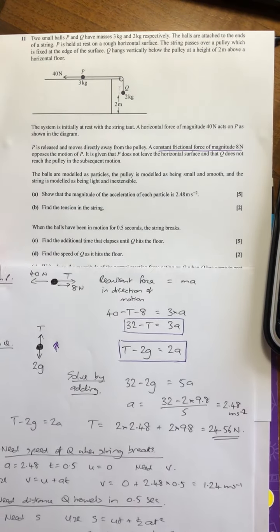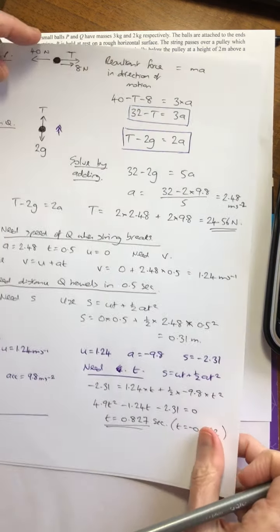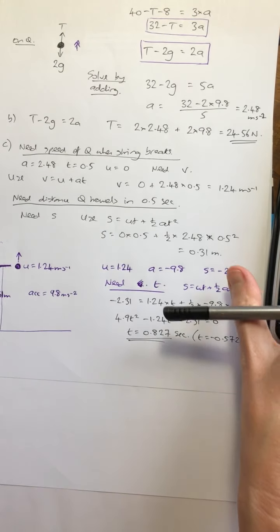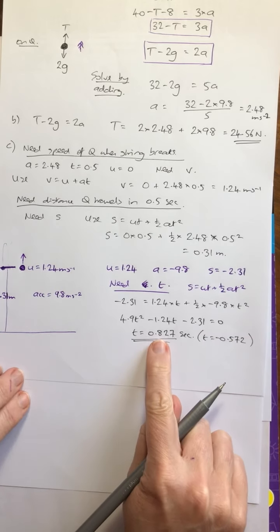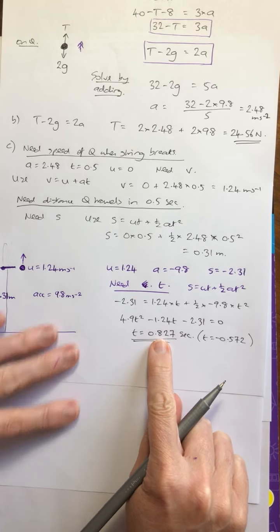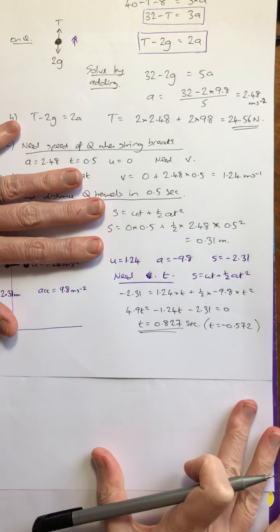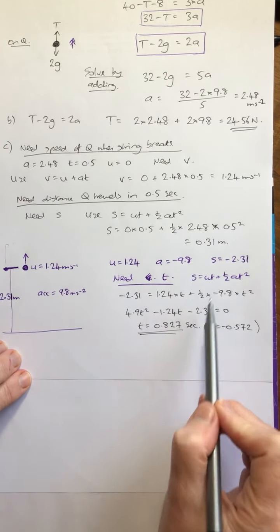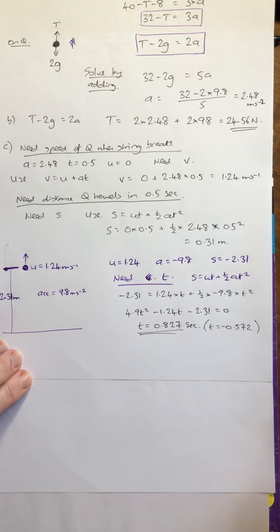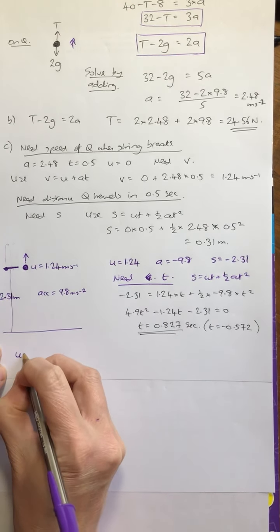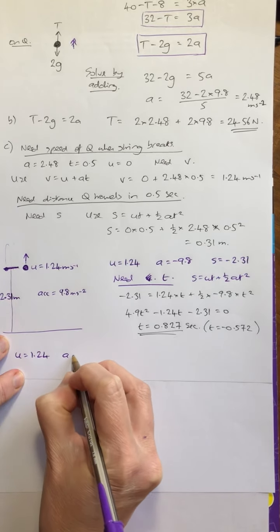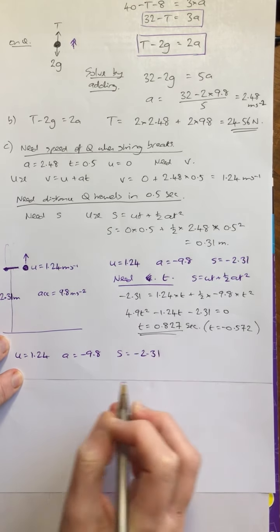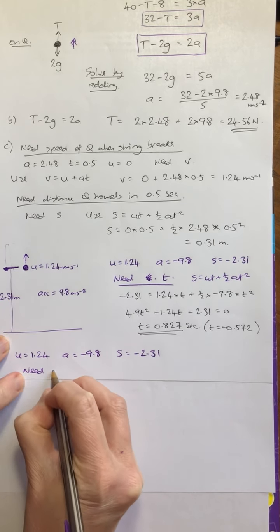Now we are looking at the speed. To find the speed, I can of course use that time, but it's often safer to go back to the things that were given earlier, just in case I did something wrong there. So I've got that u is equal to 1.24, a is negative 9.8, s is negative 2.31, and I need v.